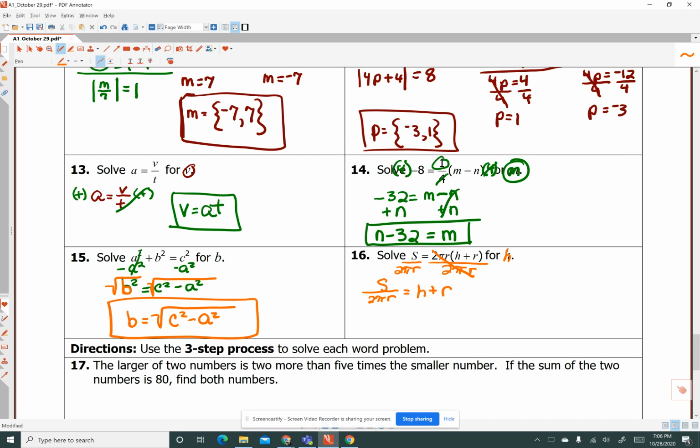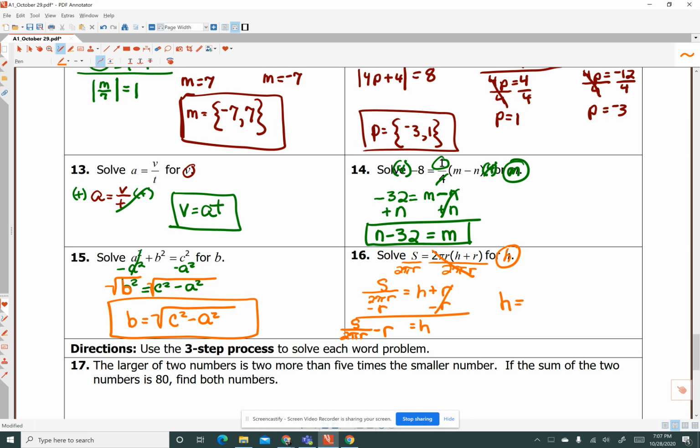Now what are we solving for? H. So we have to eliminate r. Whatever we do to one side of the equation, we do to the other. So h is now solved, and on the left side we have S divided by 2 pi r minus r. And that is our solution.